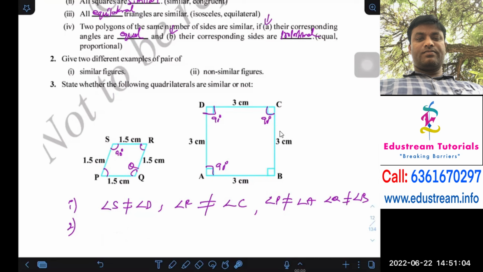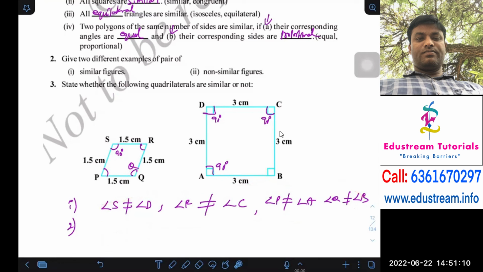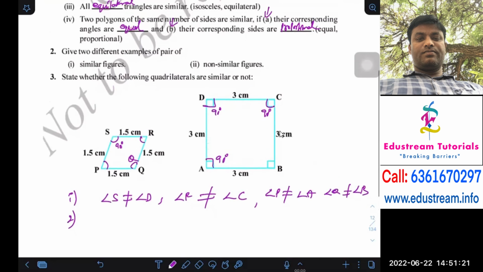Why don't we need to check the second condition? Because for two quadrilaterals to be similar, both conditions should be satisfied. If you want, you can check the second condition, but that doesn't matter. The second condition is that their corresponding sides are proportional.